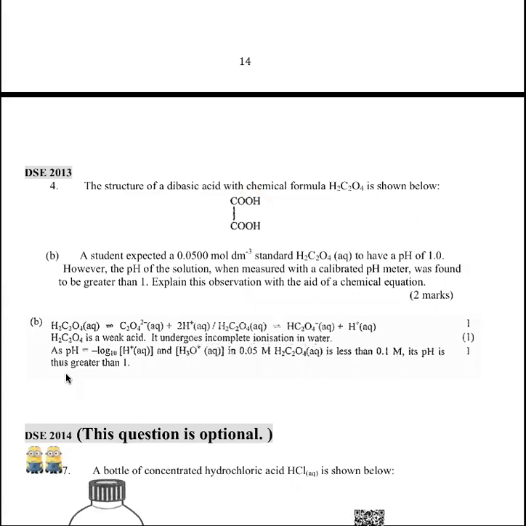There is one ionizable hydrogen, but now you have two COOH, so in principle it can ionize to give two hydrogen ions. The complete one should be the first one, but the second equation is also accepted. And then you need to state it's a weak acid, it will only partially ionize in water. Or again, you can compare the pH, or work out the concentration to compare.